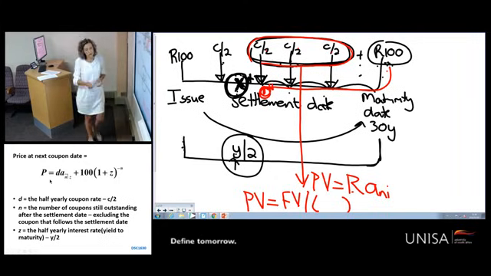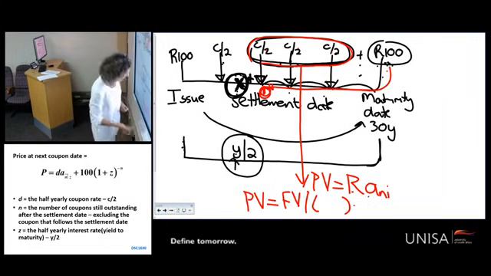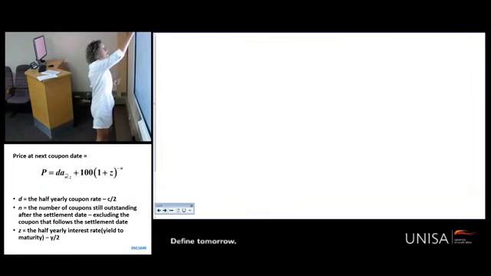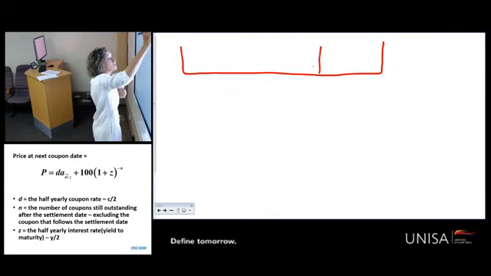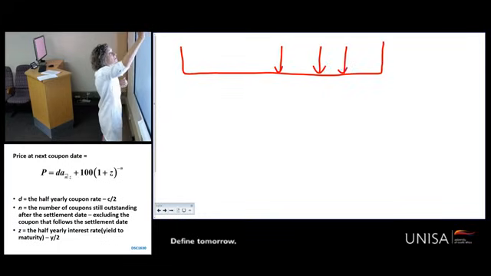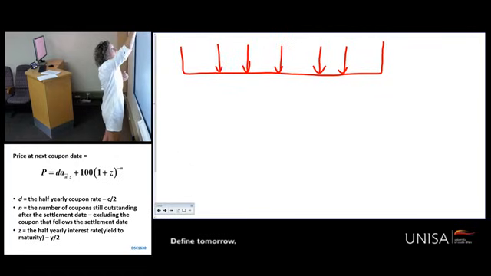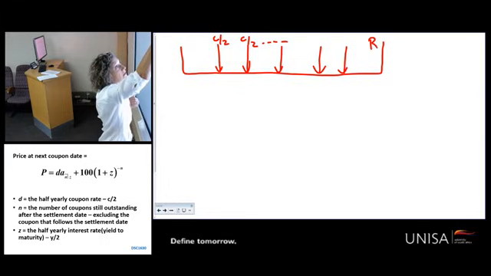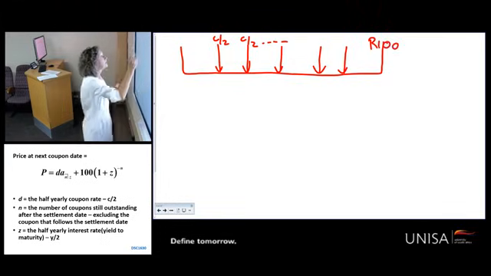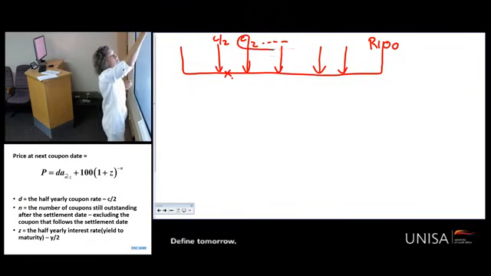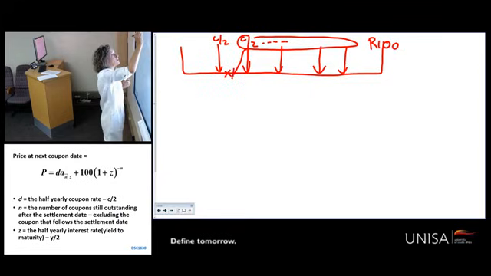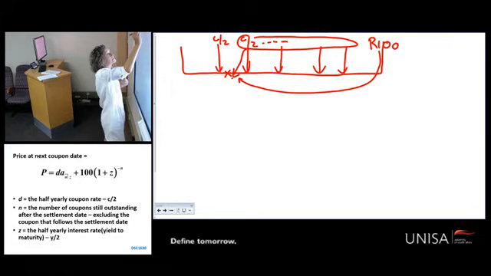So if we put these two formulas together, we can say that we've got our C over 2. These are all the C over 2s, our coupon, and the 100 Rand here. Let's say our settlement date is here somewhere. We will firstly take this stream and bring it back to now, and the 100 Rand we'll bring back to our next coupon date here.